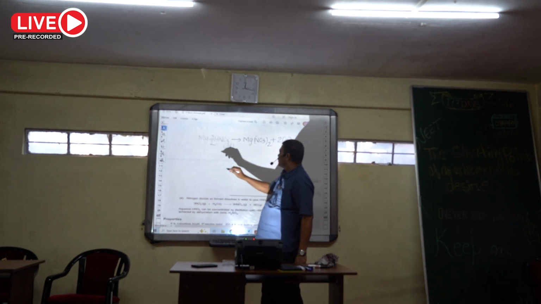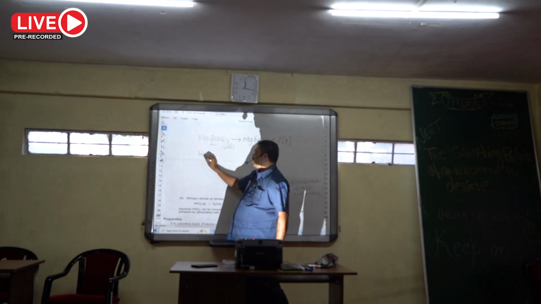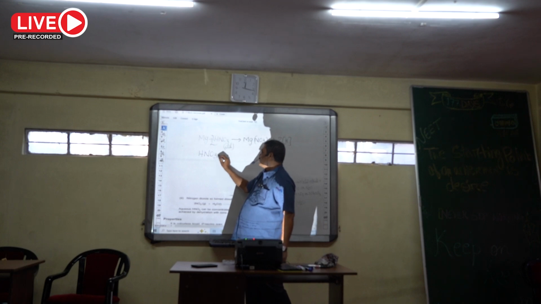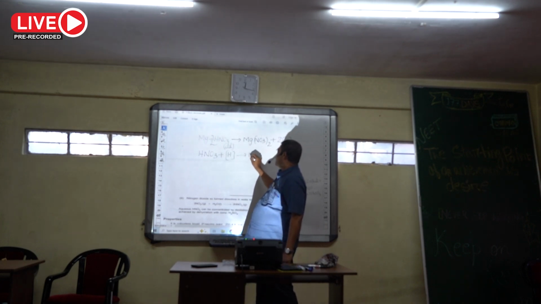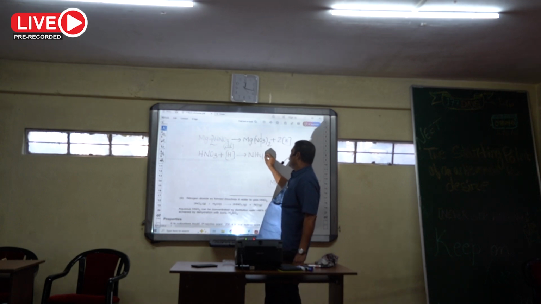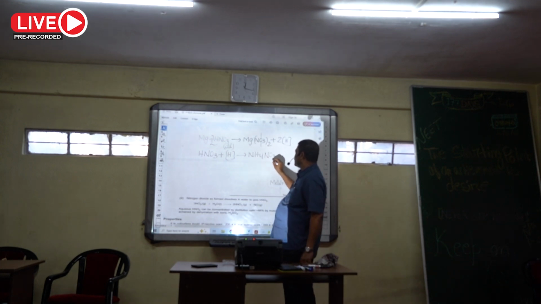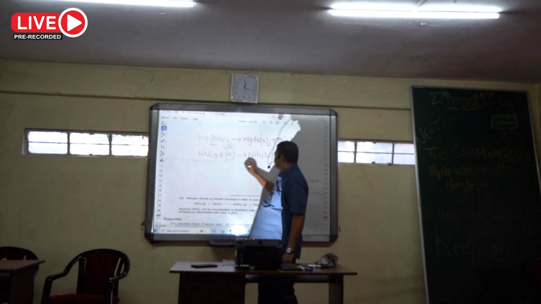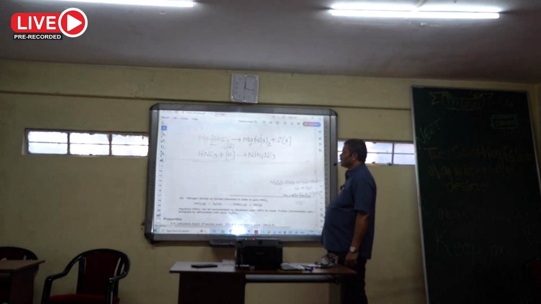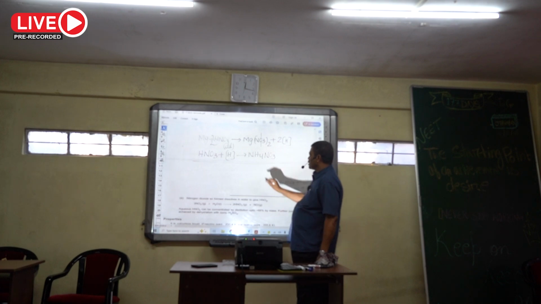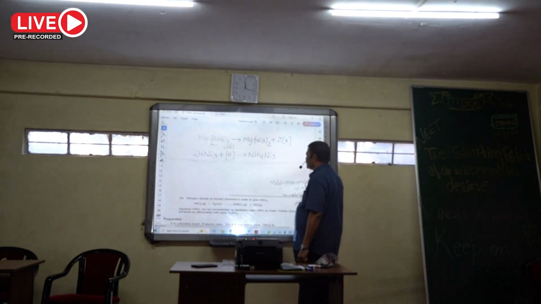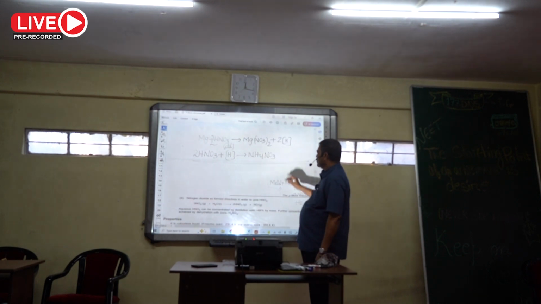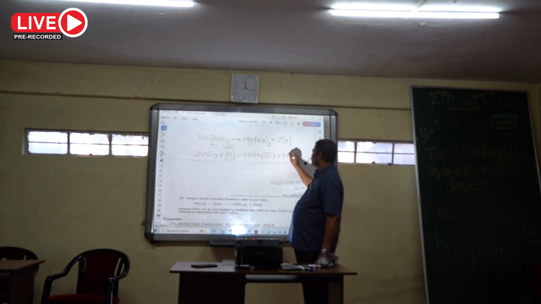This is step 1. Now the formed hydrogen again reacts with nitric acid to form ammonium nitrate. This is equation 2. To balance equation 2, write 2HNO3 plus 3H2O.